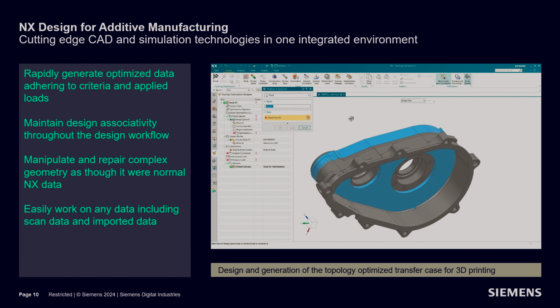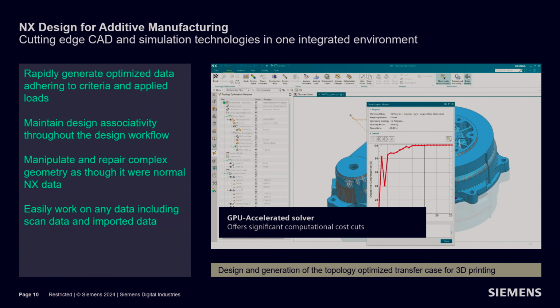Here inside of NX, we're going to set up all of those conditions and we're going to use our embedded topology optimization that's associative to the rest of our design process so that we can capture the best additive design based on our initial conditions. From here, we're going to use that integrated associative environment to capture that additive design intent.